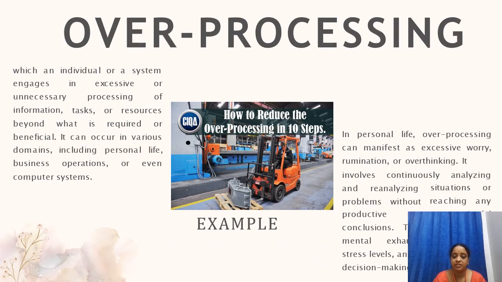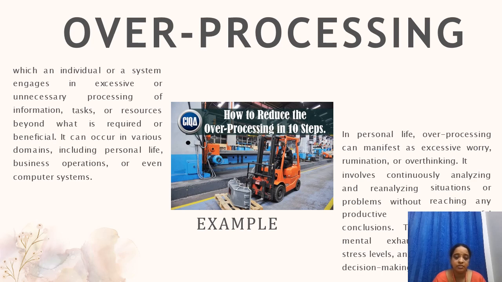So overproduction is due to inventory, and overprocessing is another waste, in which an individual or a system engages in excessive or unnecessary processing of information, tasks, or resources beyond what is required or beneficial. How to reduce overprocessing is the main concern for any industry focusing on lean management.